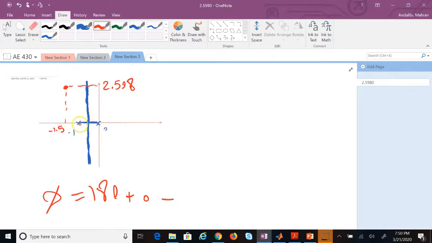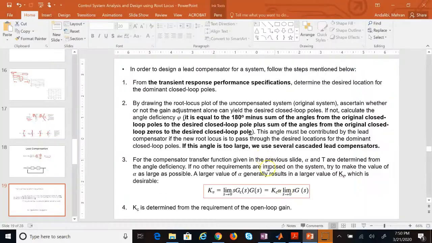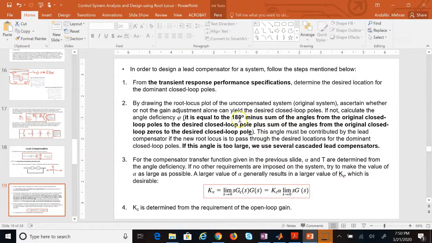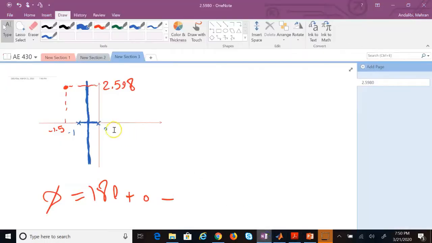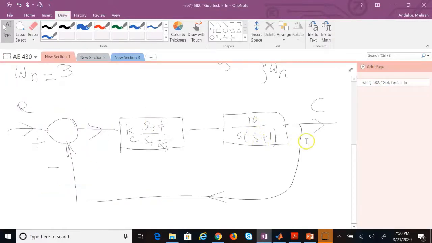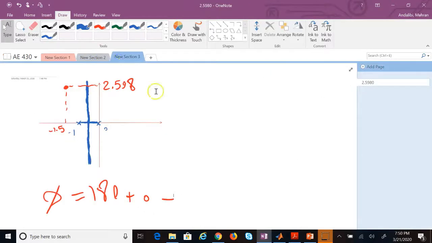The original poles to the new pole. Okay, so you can see it here. I made it bold font for you. So 180 minus the sum of the angles from original poles to the new pole plus the sum of the angles from original zeros to the new pole. Again, this system does not have original zeros, right? All we have is two poles here. There is no zero over there. So we have only poles at s equals 0 and s equals -1.